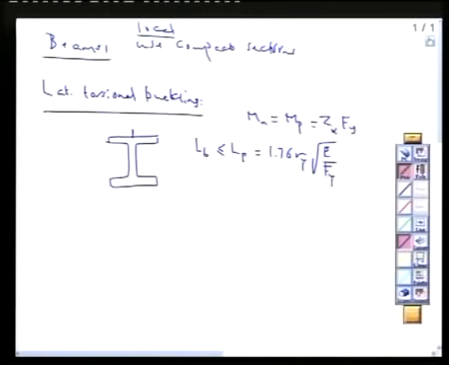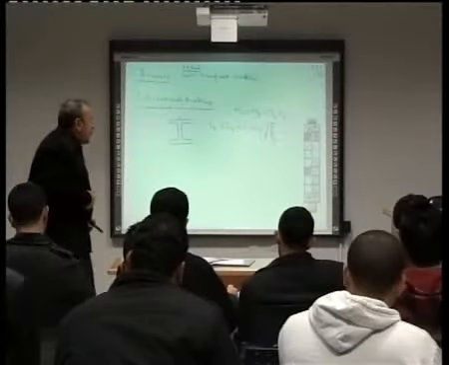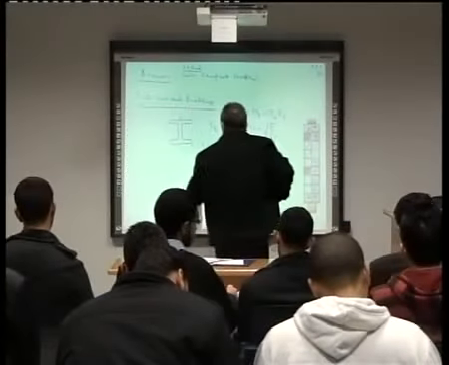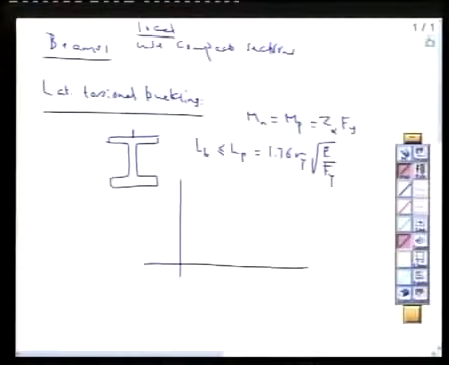The other limitation, if we have a length that does not permit total yielding, I'm going to draw the same curve that we drew for compact. This is, we said, compact. In the same meaning, here we have L less than what? Lp. This curve here, we said non-compact.